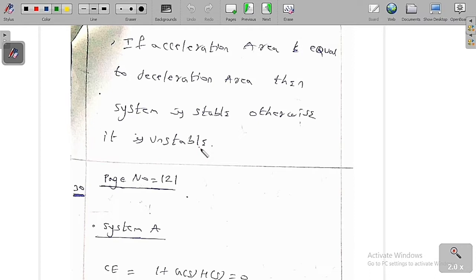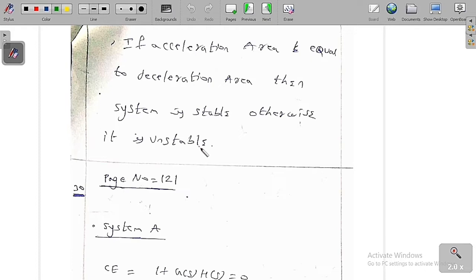If the acceleration area is equal to deceleration area, then only the system is said to be stable, otherwise it is unstable. We apply this only for the transient stability of the machine system.